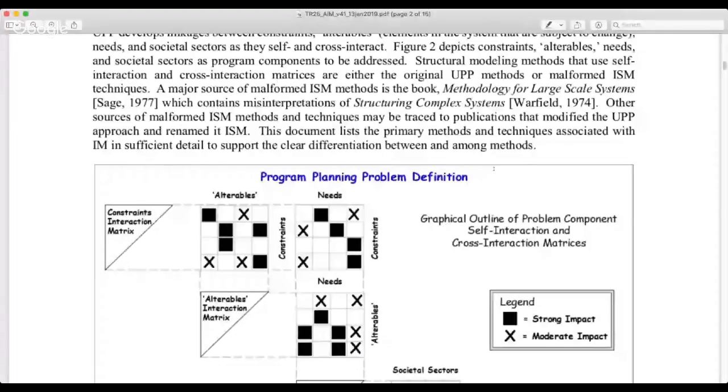One of the unfortunate things that happened here was that Structuring Complex Systems was a Battelle monograph that wasn't widely distributed, and Methodology for Large-Scale Systems was published by a technical publisher and widely distributed. So malformed methods were distributed and communicated very early on in the process.